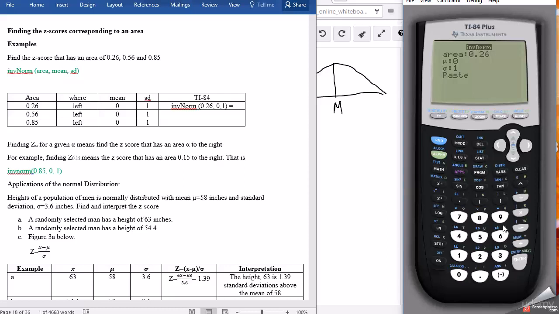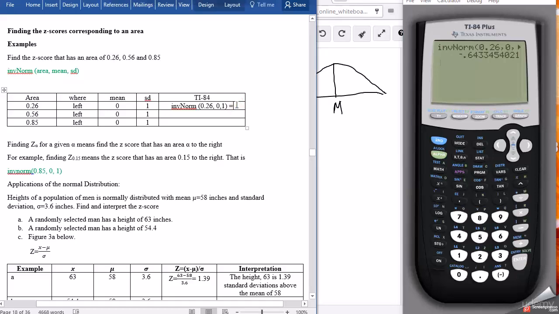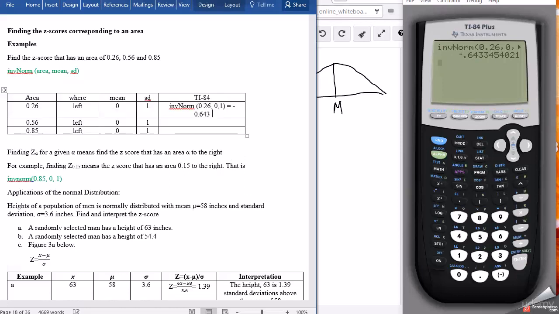Then the mean is 0 and the standard deviation is 1, because we are looking for the z-score, the mean has to be 0 and the standard deviation has to be 1. We'll go down and paste, and you can see that the z-score is negative 0.643. Remember that because the area is to the left of the mean, the z-score has to be negative.